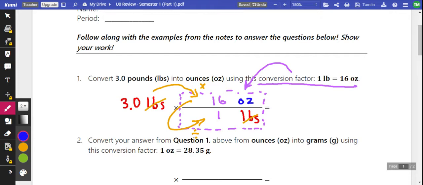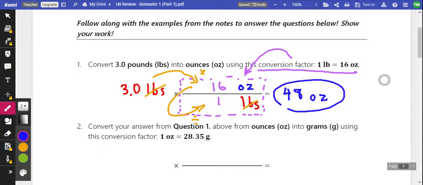We're going to plug that into a calculator: 3 times 16 divided by 1 gives us 48 ounces. All right, and that is our answer. You can do this for any unit conversion where we know the relationship between the old unit we're trying to get rid of and the new unit we're trying to get to.